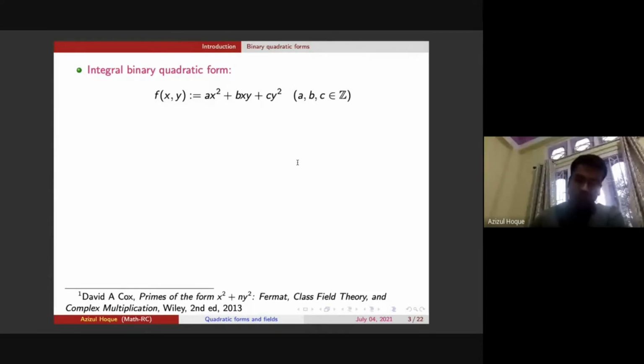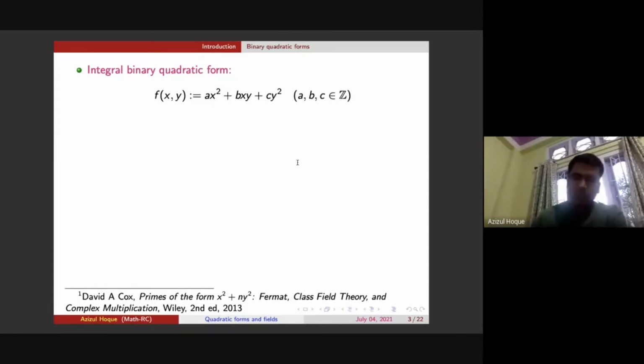An example of an algebraic group representation that was studied by Gauss in his Disquisitiones Arithmeticae in 1801 is binary quadratic forms.